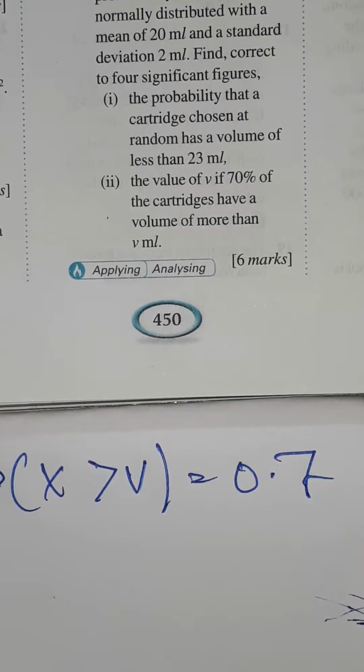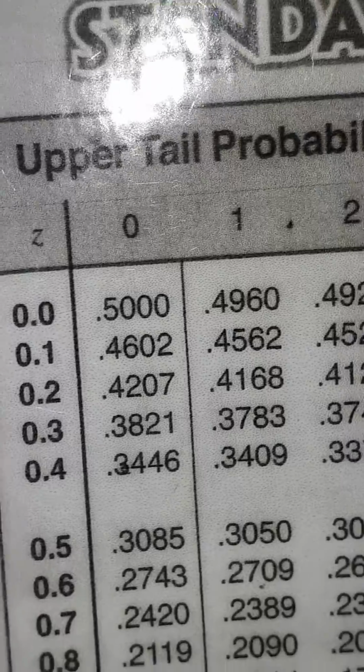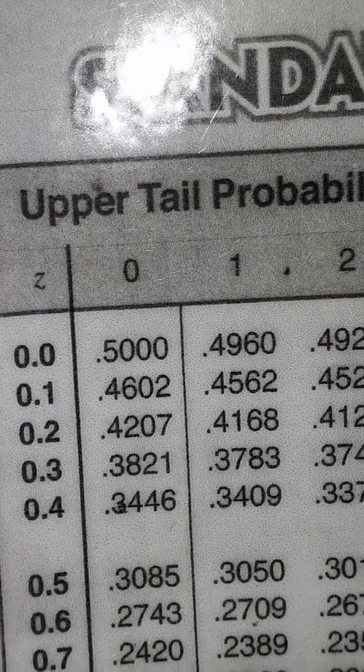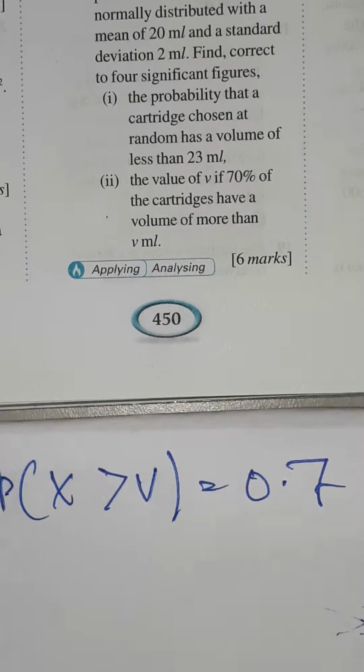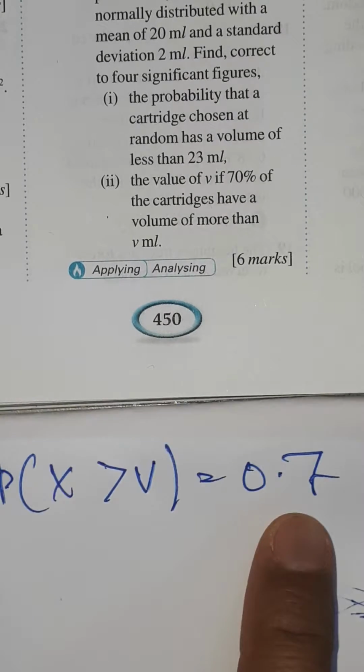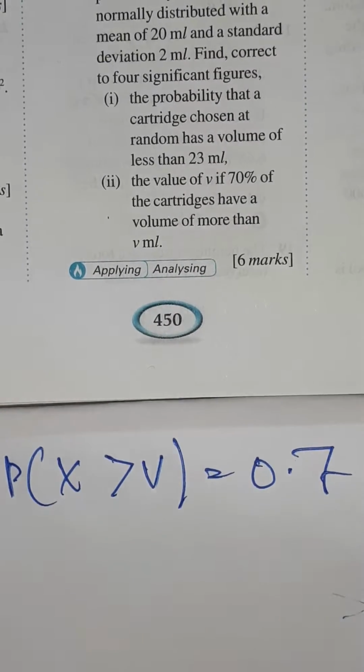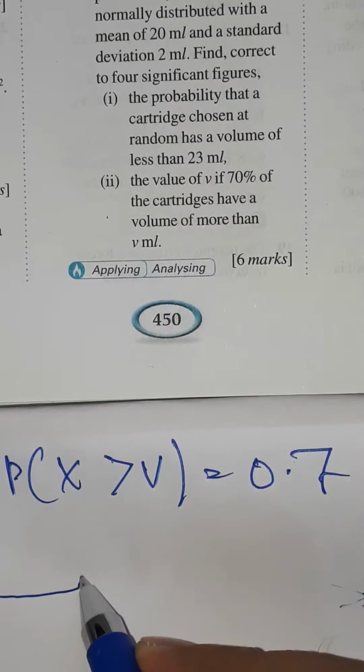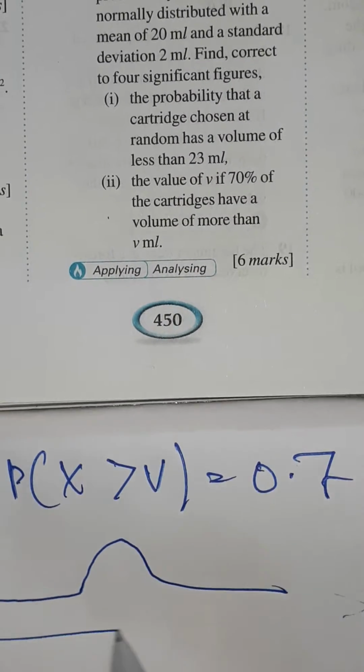Okay, so if we read the table, we have to read inside out, but unfortunately the maximum you will get inside the probability table will be 0.5. So you have to change. Or I will draw the graph in order to justify.